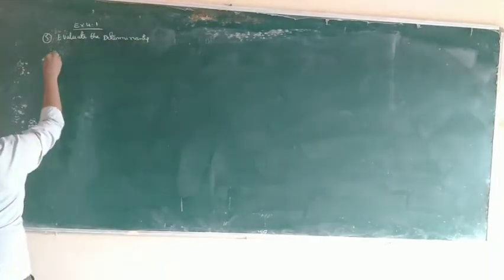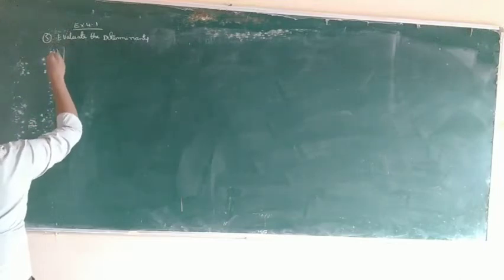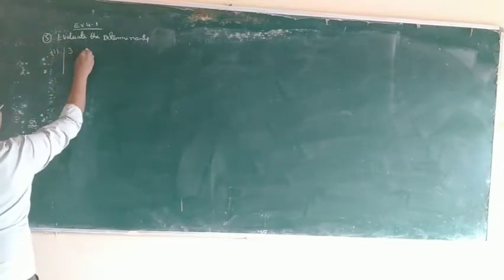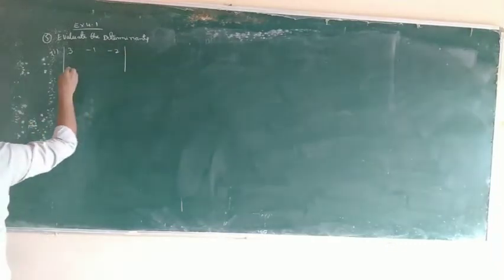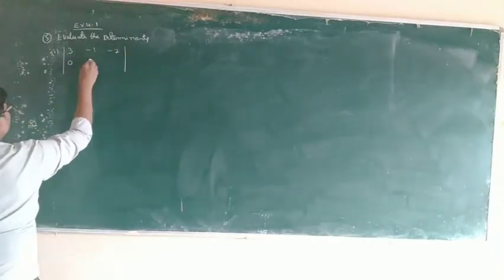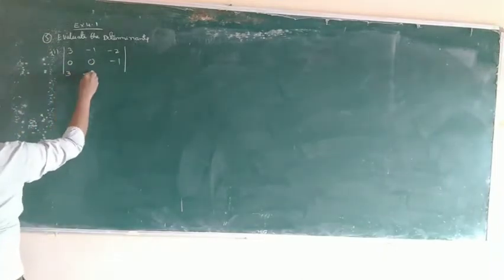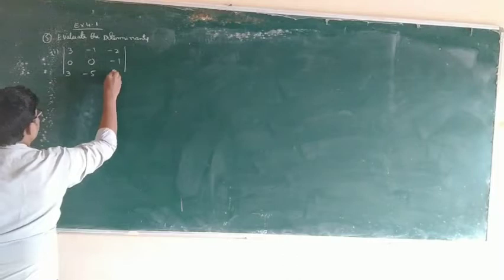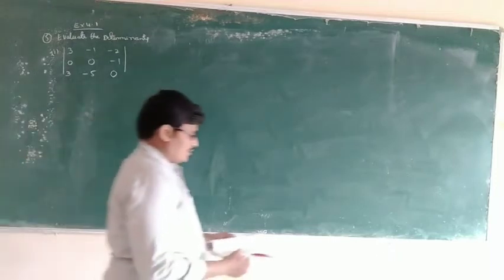First one: the determinant with rows 3, minus 1, minus 2; 0, 0, minus 1; 3, minus 5, 0.